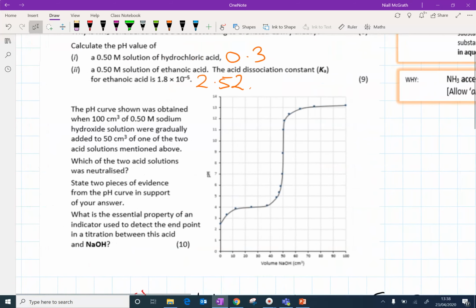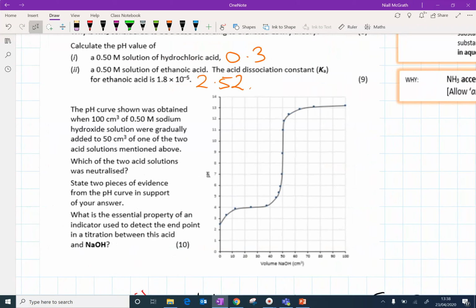Now, the next part of the question is: the pH curve shown was obtained when 100 centimetres cubed of sodium hydroxide solution were gradually added to 50 centimetres cubed of one of the two solutions mentioned above. Which of the two acid solutions was neutralised?